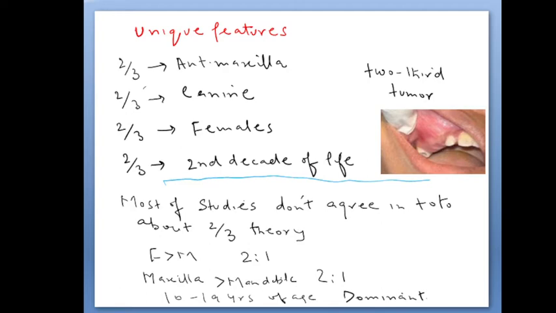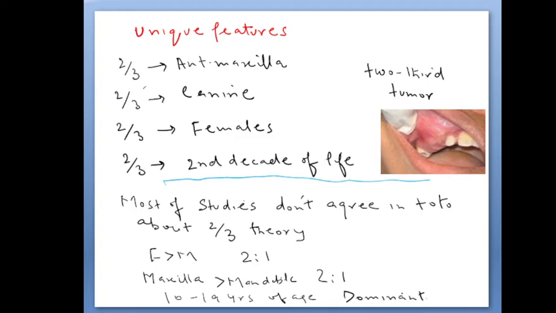Most of these are seen in the anterior maxilla, canine, unerupted teeth, females, and in the second decade of life. Earlier, it was also called the two-third tumor because two-thirds occurred in the anterior maxilla, two-thirds were thought to occur in the canine, two-thirds were found in females, and two-thirds were found in the second decade of life.